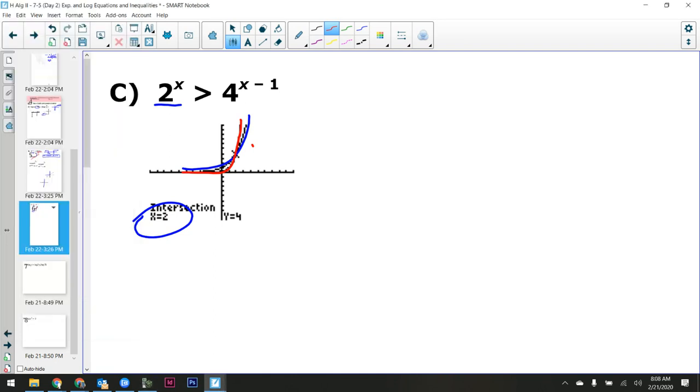So we need to figure out, is this x greater than 2 or x less than 2? Think about it on a number line. Here's 2. Do I want points to the left or to the right? Well, we could just pick a test point.